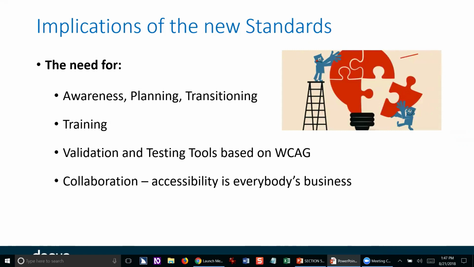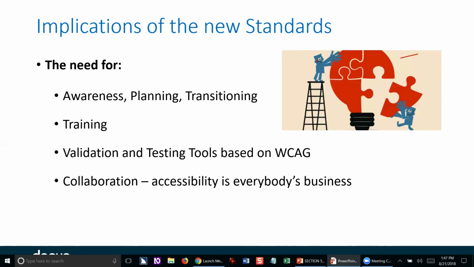Along with that goes the need for validation and testing tools that are based on WCAG 2.0. There are automated tools available to test websites and applications during every stage of development. DQ has our own tools. Some of them are free and some of them are enterprise level. Other companies, of course, have their tools as well.